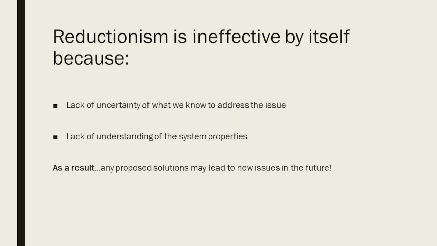It is ineffective in handling those complex societal issues because of the uncertainty of the knowledge required to address the issue, and also the lack of understanding of the characteristics of the system in place. This means that any proposed solutions may lead to new issues down the line.